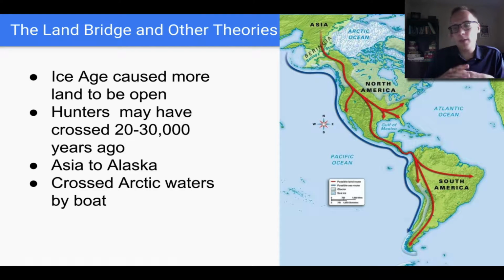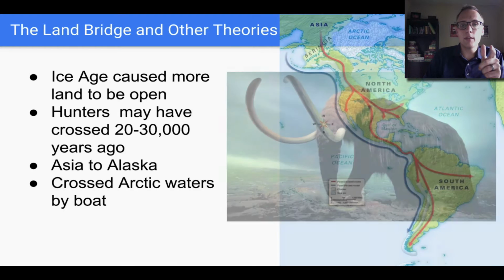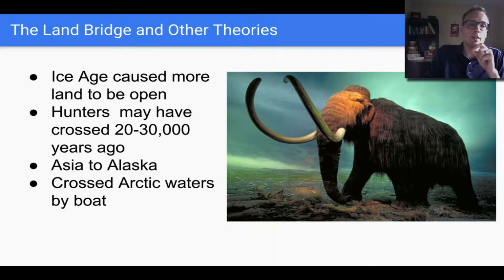There are a couple other ways they say that they traveled. By boat down the western coast with that blue line, but some even say that they came from other places. These people that came here, of course, would have been following large animals. They were big game hunters, like woolly mammoths.